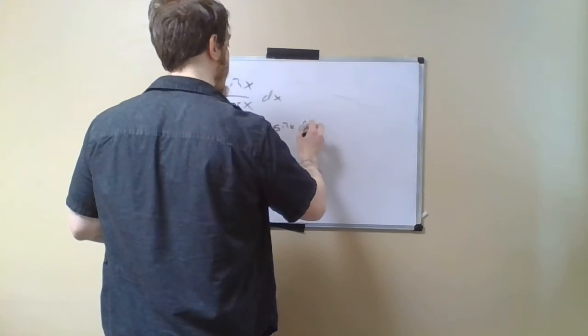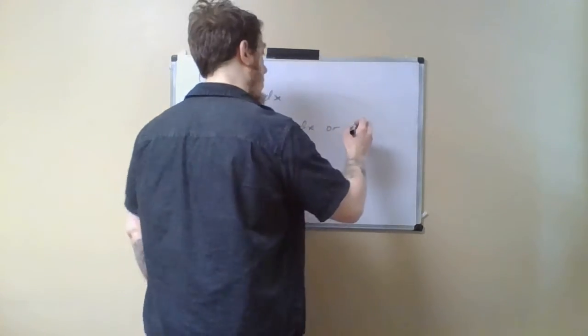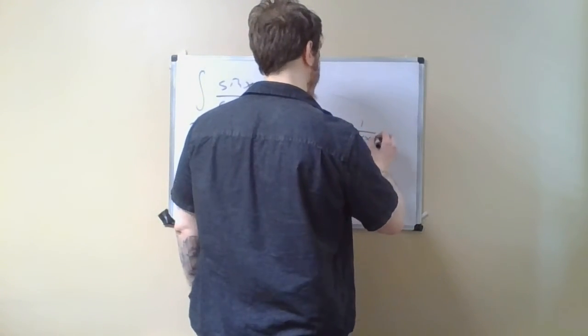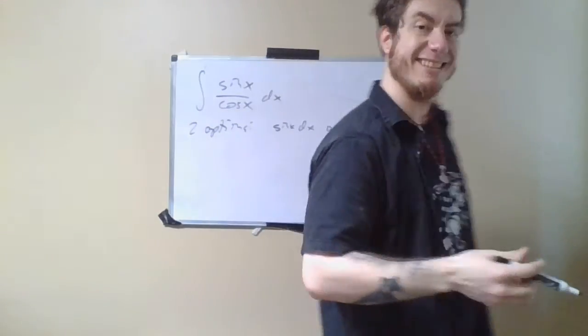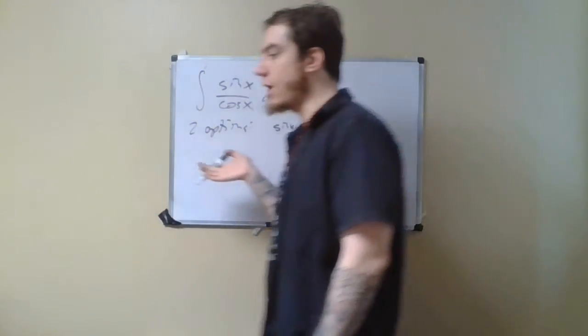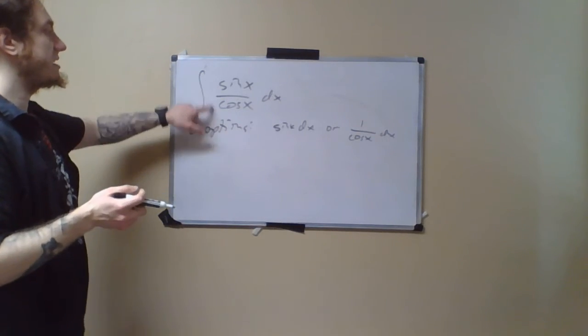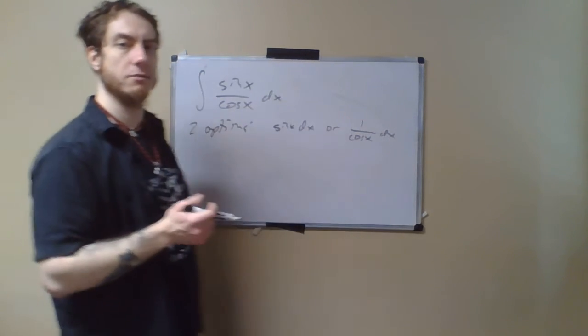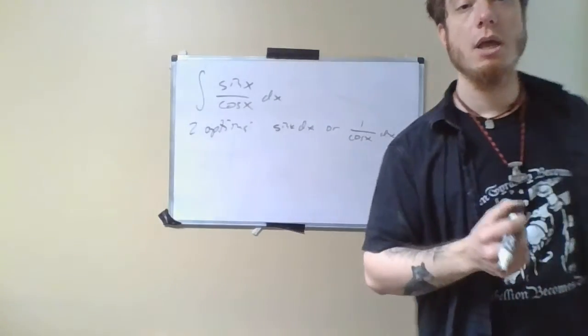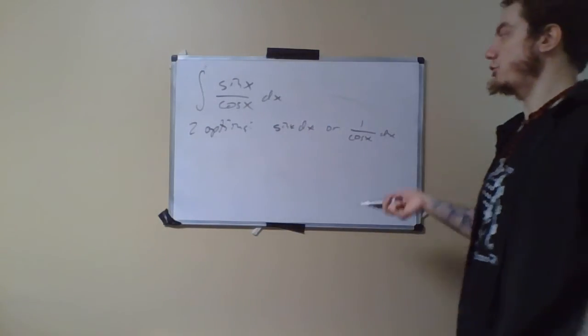There's sine x dx, or there's 1 over cosine x dx. That's kind of it. I guess I could try doing something kind of funky, like take the entire thing as du, but that really isn't likely to work. So there's not a lot of choices here.